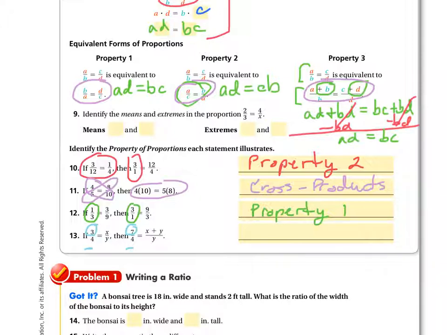What's the denominator? Didn't they add 4? Isn't that the same as the denominator? Okay. And what did they do to the x to make it x plus y? You added y. Isn't that the same as the denominator? Wouldn't that be property 3?